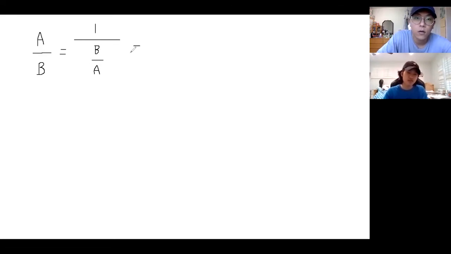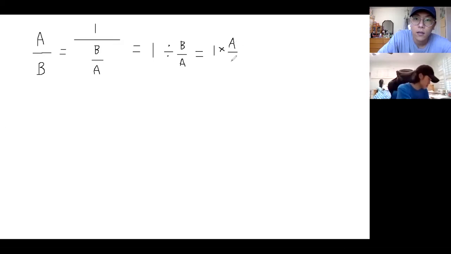I see why it's reciprocal. 1 over B over A is equal to 1 divided by B over A, right? Which equals 1 times the reciprocal, which is 1 times A over B. Does that make sense? Yeah, it does.